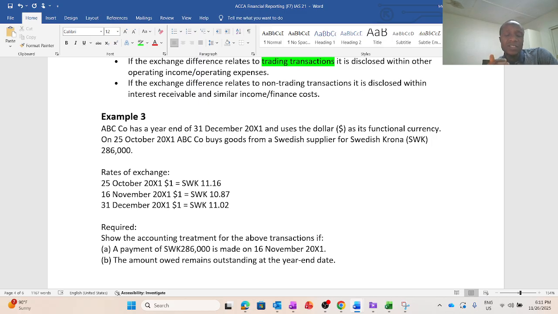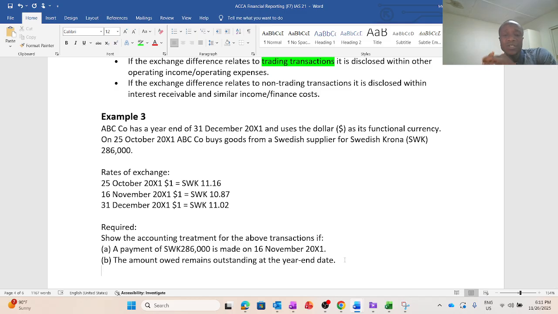The requirement stated that you need to show the accounting treatment for the above transaction if a payment of 286 is made on the 16th of November 20x1. If a payment is made on the 16th of November, it means the payment is made within the accounting period, so it's simple to do. First we establish if there is a foreign transaction, which is yes.